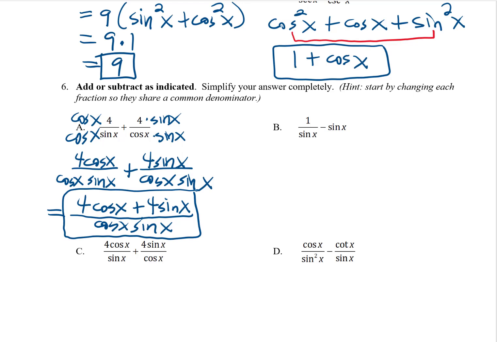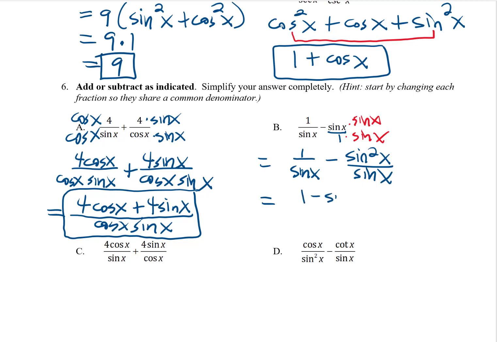Letter B. It would probably help if I put a 1 under here. Obviously the common denominator is just sine x. The first one has it. The second one needs to be fixed. That will then give me 1 over sine x minus sine squared x over sine x. Now I can subtract, and so I will get 1 minus sine squared x on the top, and then sine x on the bottom.